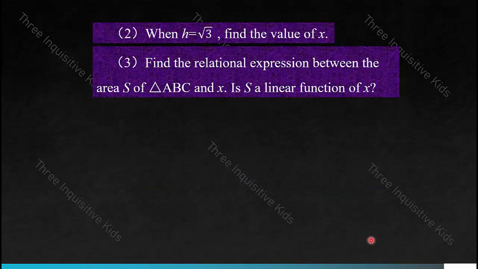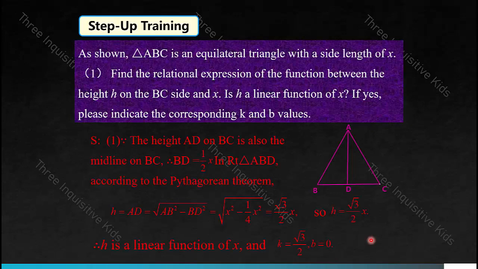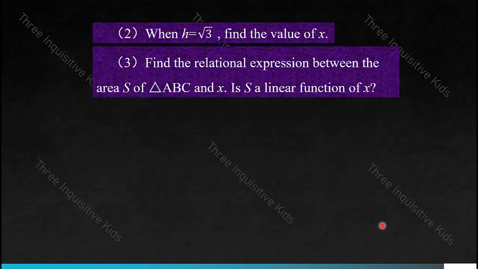Two more questions on this problem. When h is equal to the square root of 3, find the value of x. Well, all you have to do right now is substitute that value into this function, and then you can solve for x. So that would be x is equal to 2. And the relational expression between the area S of triangle ABC and x, find the relational expression.